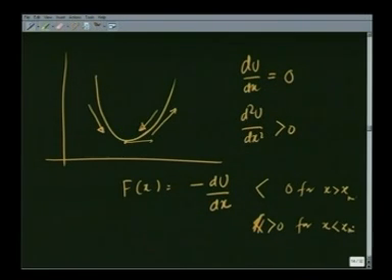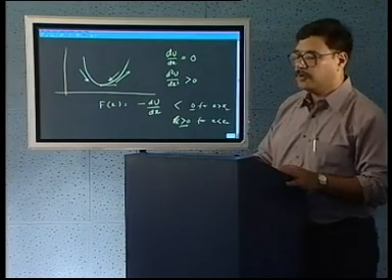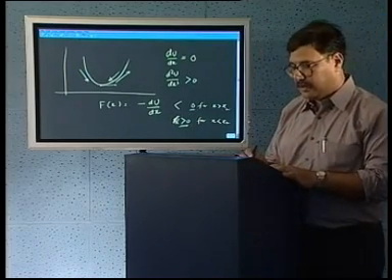So, you see the force points in the positive direction if you go to the left of minimum, and in negative direction if you go to the right of the minimum. Therefore, the force always points towards minimum.